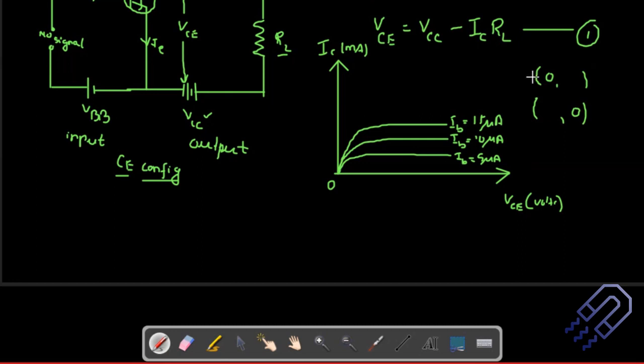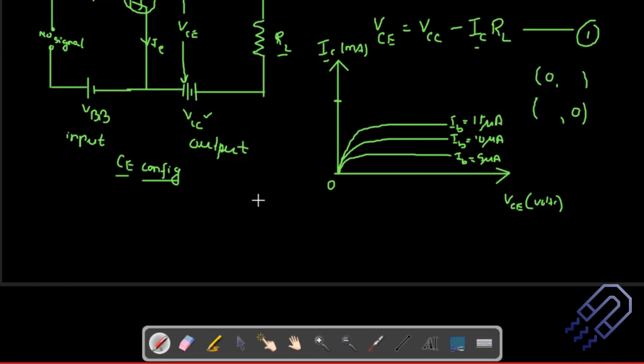So you see 0 on the x-axis. This is your x-axis, this is your y-axis. 0 on the x-axis means we are talking about somewhere here. If we say 0 on the x-axis, it's IC, so we can put IC equal to 0.